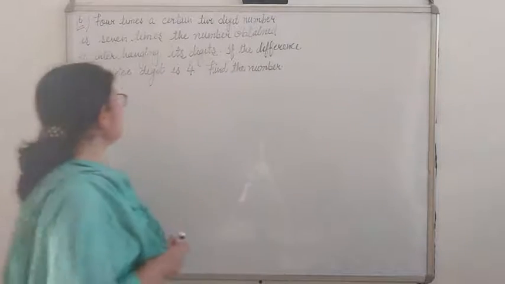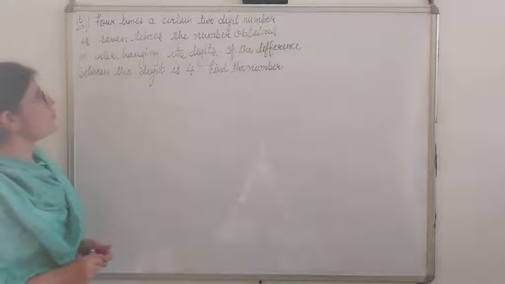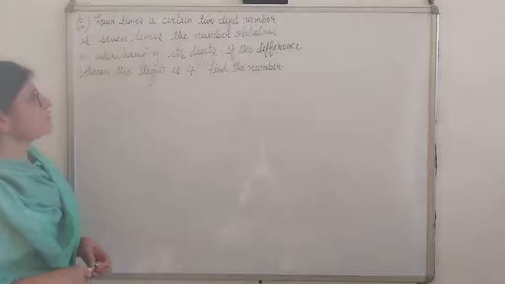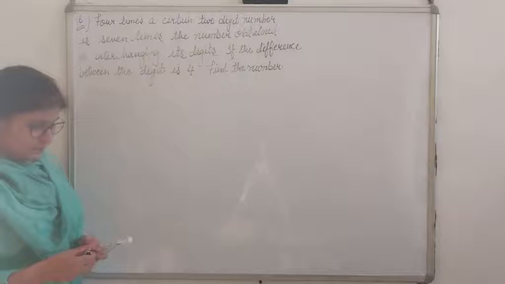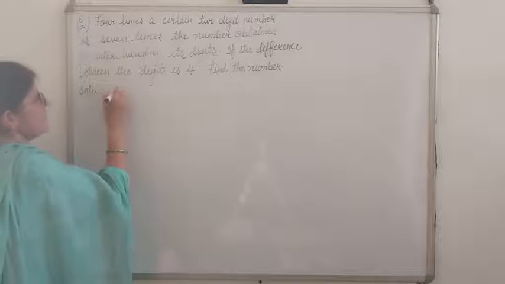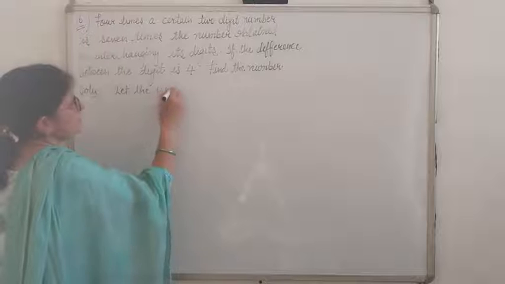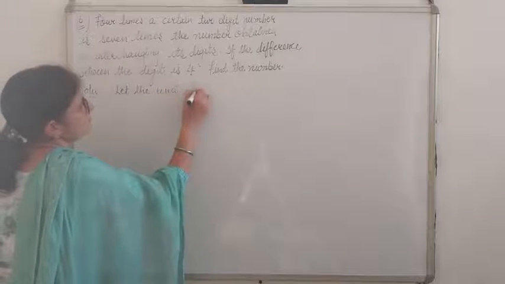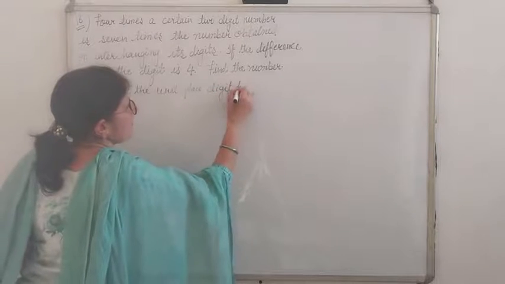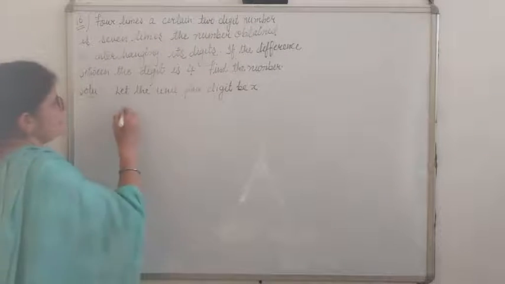Now, 16th question. 4 times a certain 2-digit number is 7 times the number obtained on interchanging its digits. If the difference between these 2 digits is 4, you have to find the number. Same as the previous question. First of all, we will let the unit place digit be x and the tens place digit be y.